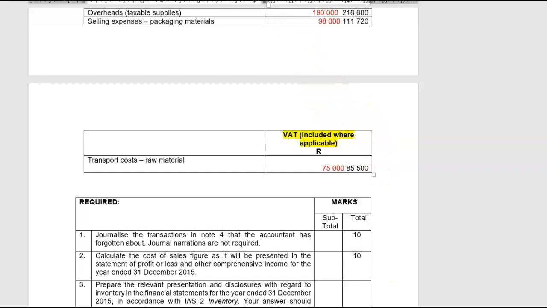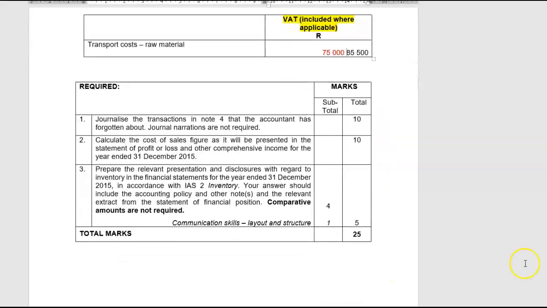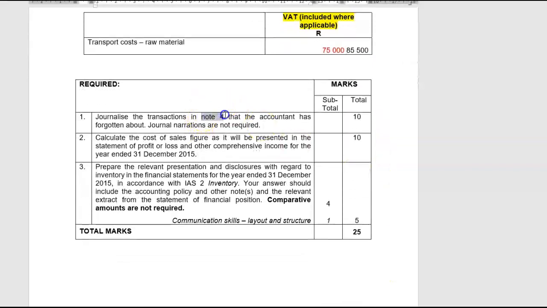Now let's have a look what is required from us. Journalize the transactions in note 4 that the accountant has forgotten all about. Calculate the cost of sales figures as it will be presented in the statement of profit or loss. So that is the final figure, guys. Remember, the user of the financial statements is not interested in your unrealized profit policies.